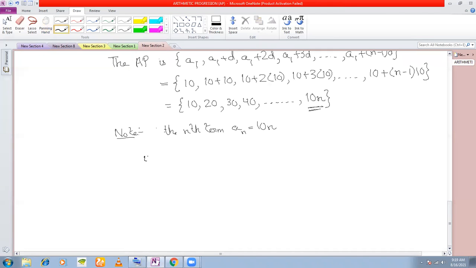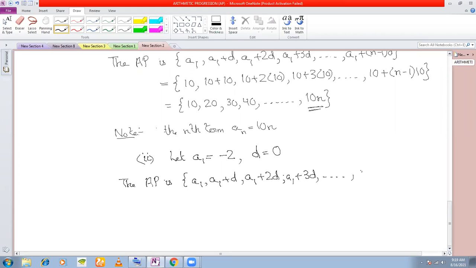Let us consider another example. If I give you the first term as -2, and if I give you the common difference as 0, then what is the AP? Now put the values.